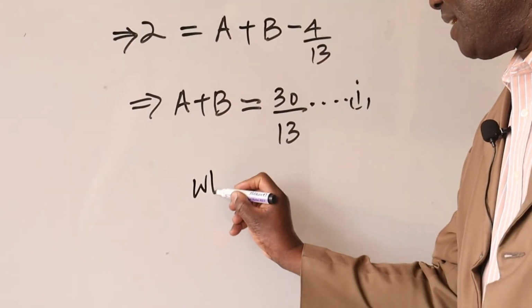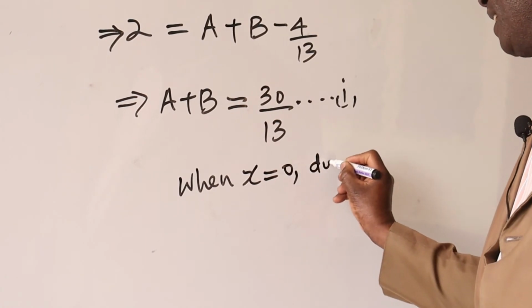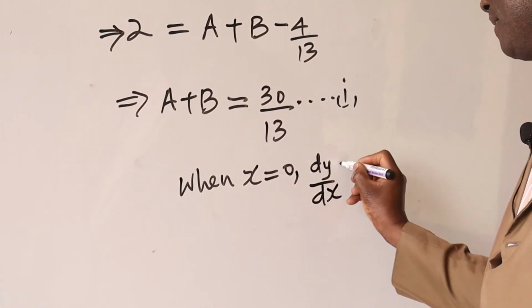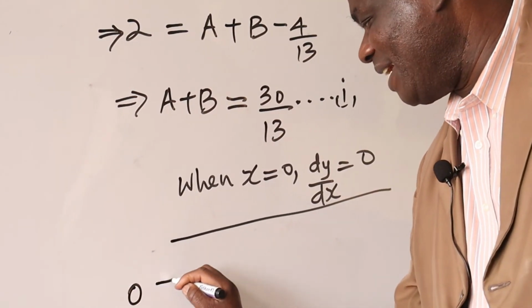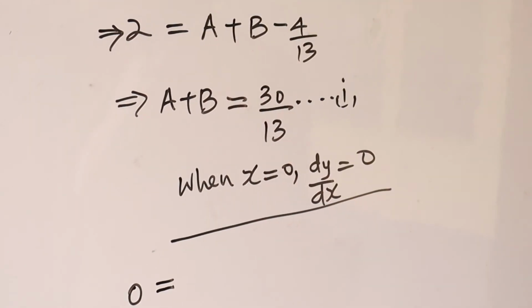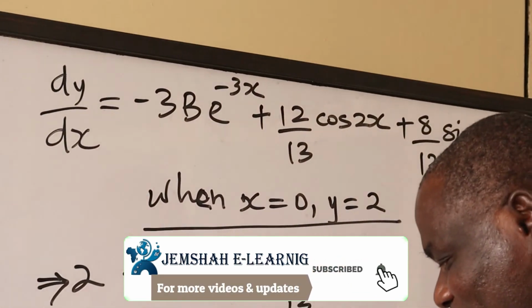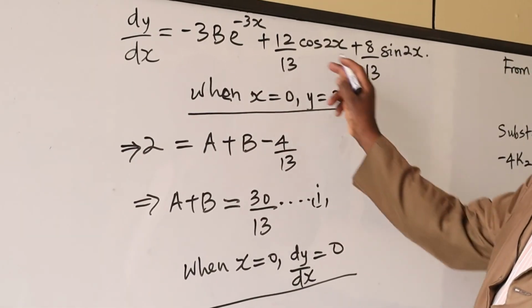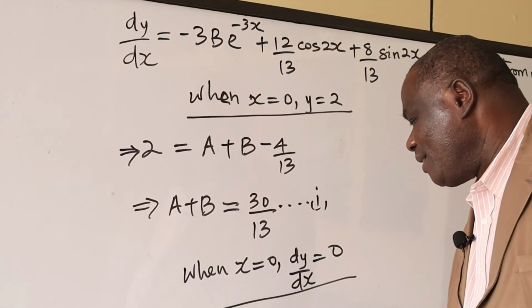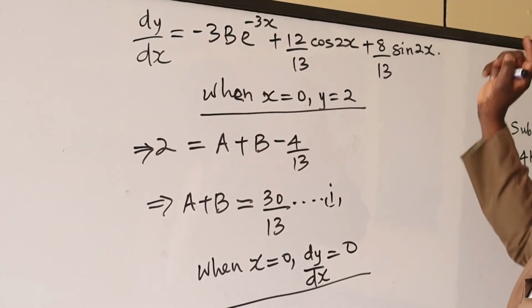So we say when x is equal to 0, dy dx is also equal to 0. In the expression of dy dx, where there is dy dx, we insert a 0, and where there is x, we also insert a 0. This will give us minus 3b, since exponential 0 is 1, plus 12 all over 13, and the sine term will go to 0.